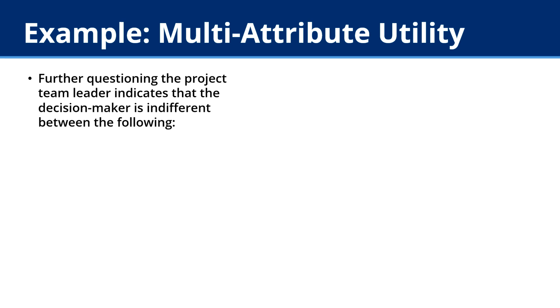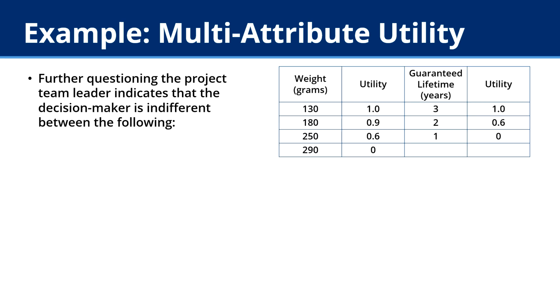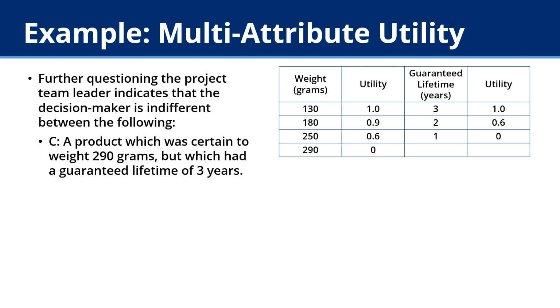So we're going to further question the team leader. Again, we have the individual single utility function values already. Now we're offered the second set of options. Option C, a product which was certain to weigh 290 grams, but which had a guaranteed lifetime of 3 years.